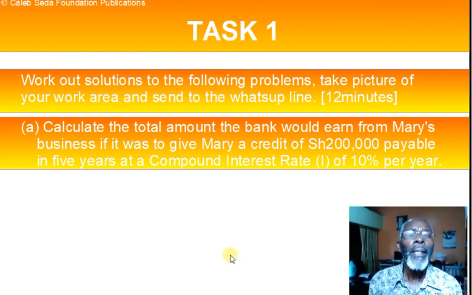A. Calculate the total amount the bank would earn from Mary's business if it was to give Mary a credit, meaning a loan, of shillings 200,000 payable in 5 years at a compound interest rate of 10% per year.